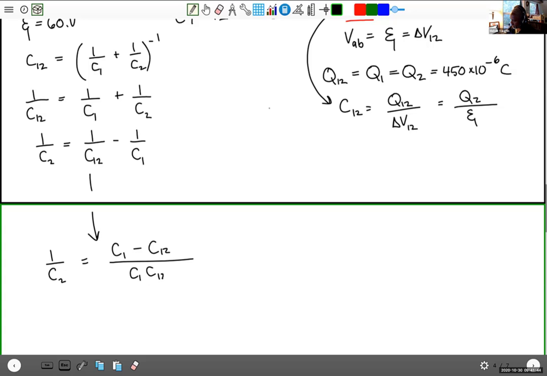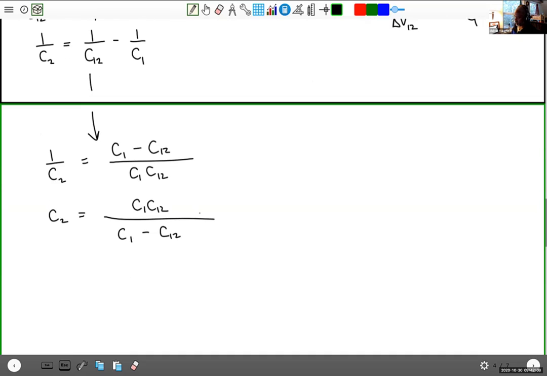When I do that, I get the difference in the capacitances between capacitor 1 and the equivalent capacitor over the product of capacitor 1 and the equivalent capacitor. I then take the reciprocal of this, which gives me an expression that allows me to find the capacitance of capacitor 2.